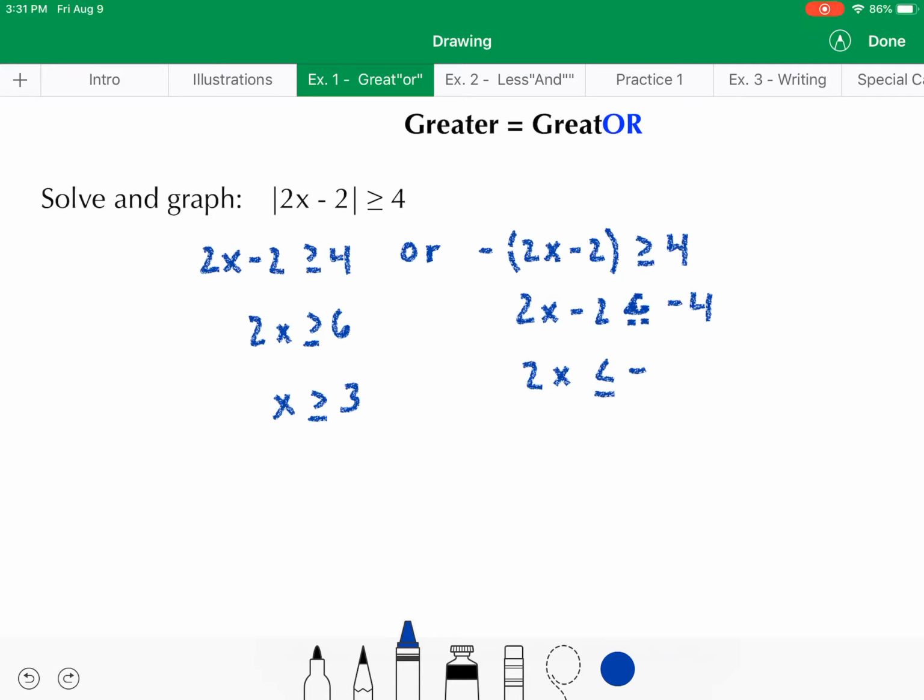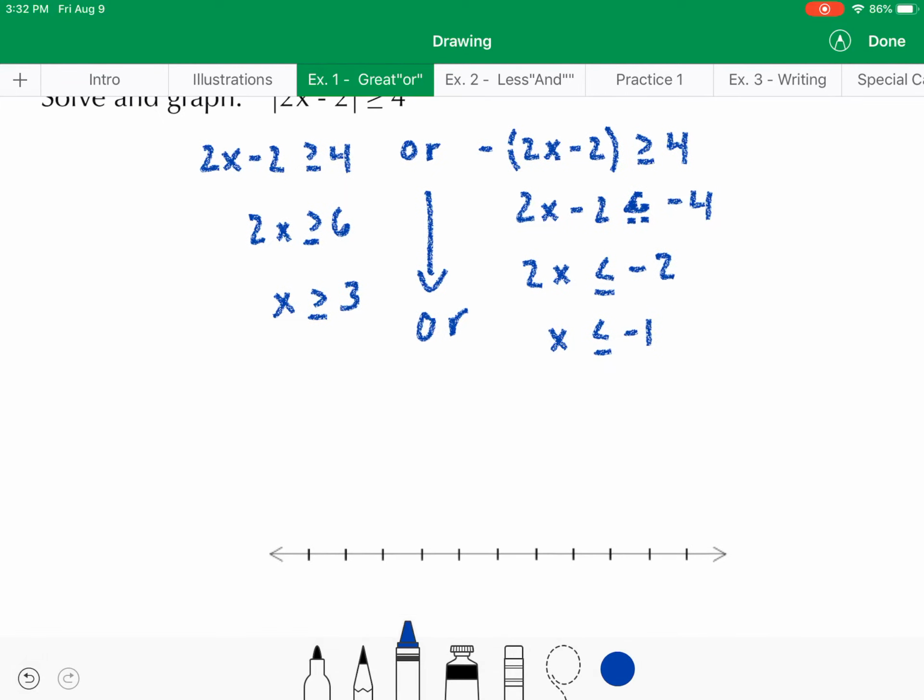Oops, excuse me. -2. And make sure you carry that word or down, right? All right, now graph these to make sure it graphs to a typical or.